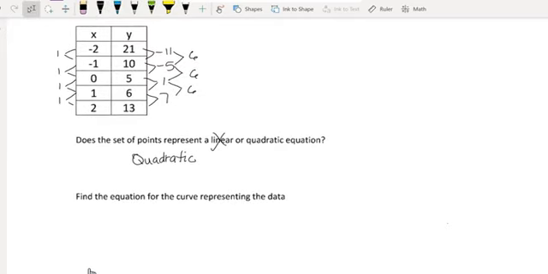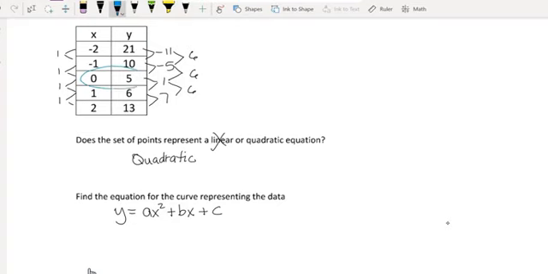So next we're going to find the equation for the quadratic representing the data. So we're going to use the general quadratic equation, and we're going to solve for the coefficients A, B, and C, and then we'll have our quadratic. So we're going to do this by plugging in points and solving equations.